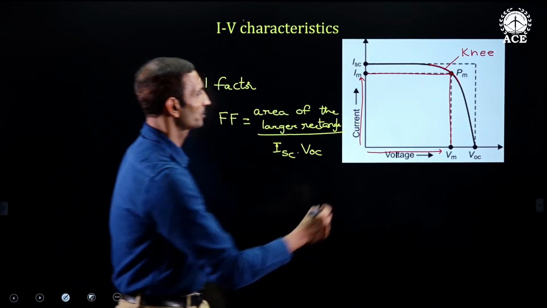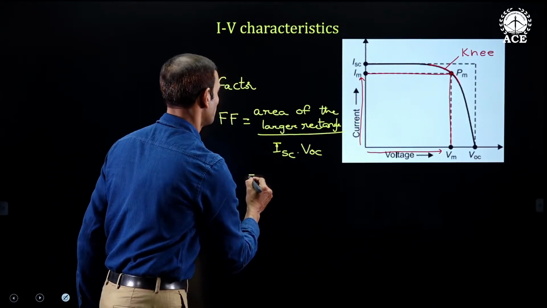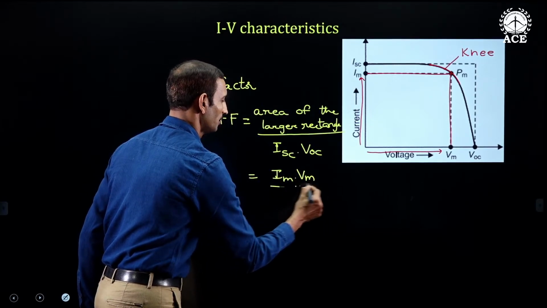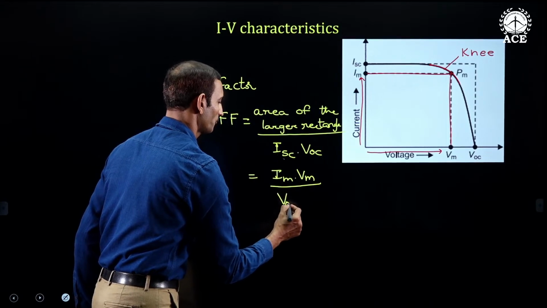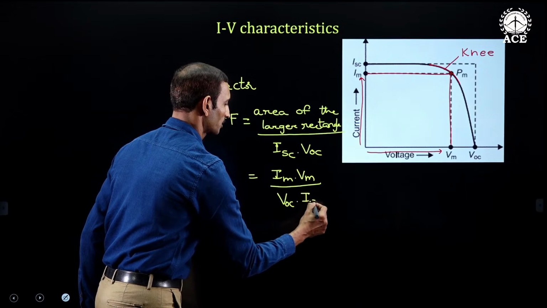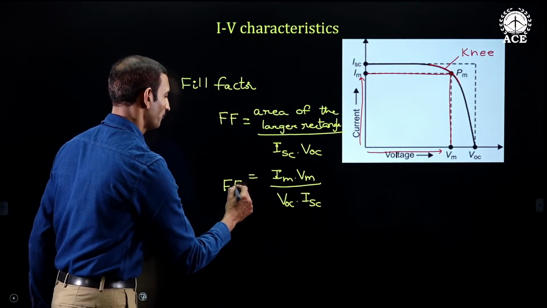The larger rectangle is the one we have drawn, with coordinates IM and VM. So it is nothing but the ratio of the product of IM and VM to the product of VOC and ISC. This is going to give us the fill factor.